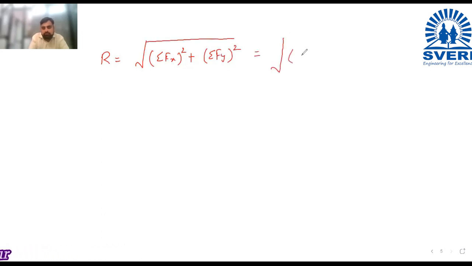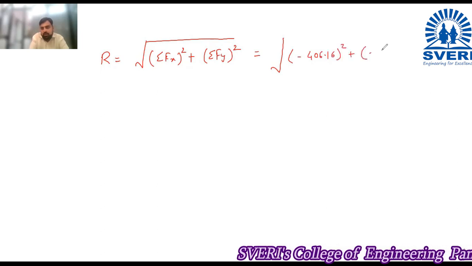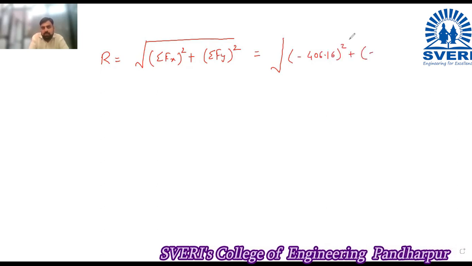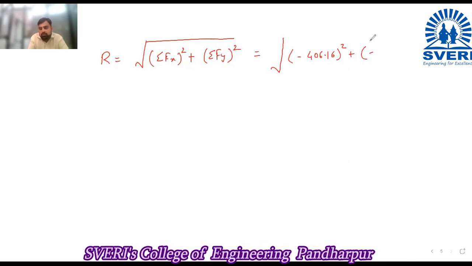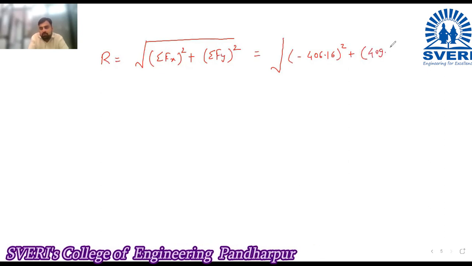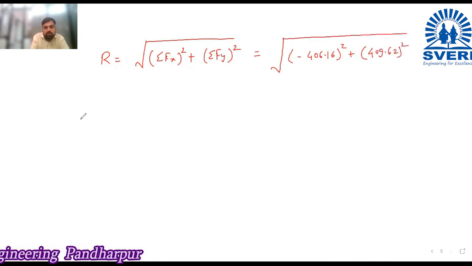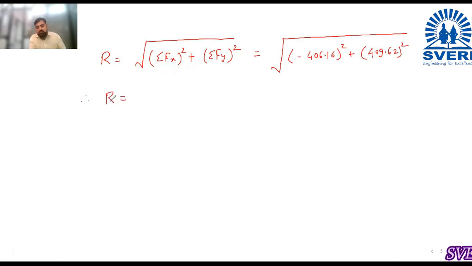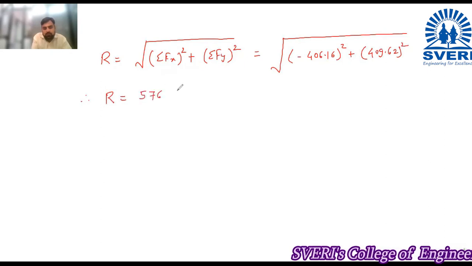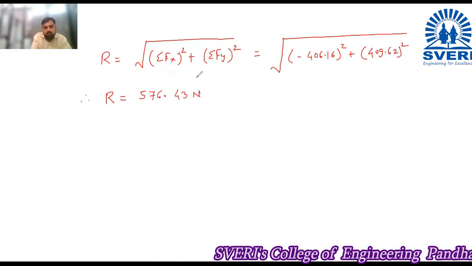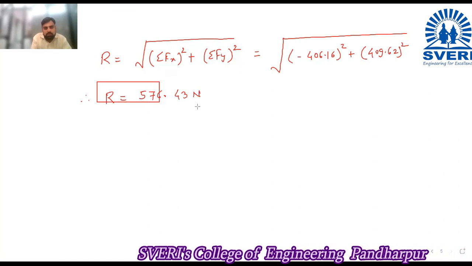Under root, minus 406.16 square plus, it is not minus, no, 409.62 square. To solve it, you will get the value of resultant R. Therefore, R is equal to 576.43 Newton. This is the value of resultant. Please check the answer.